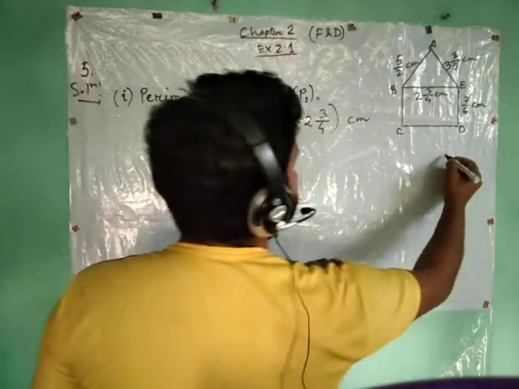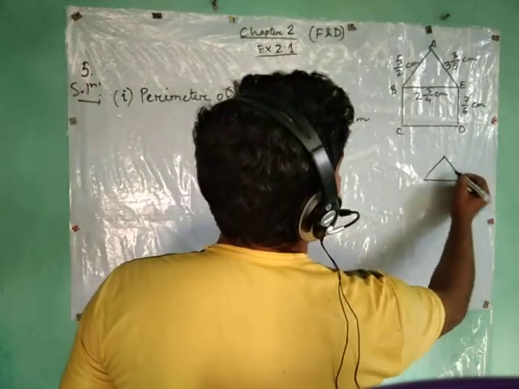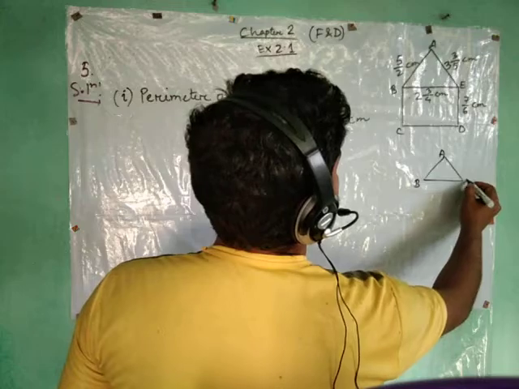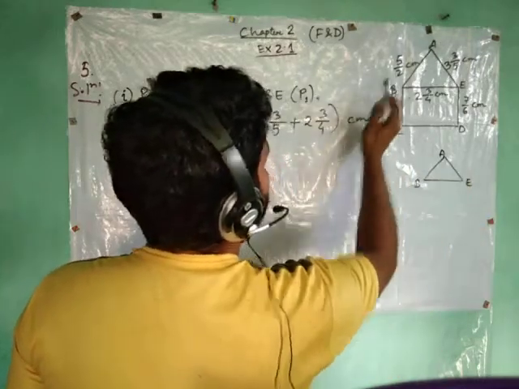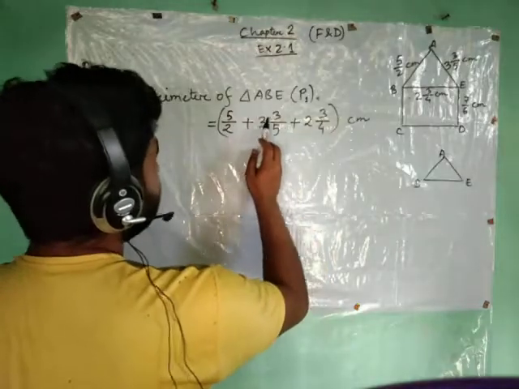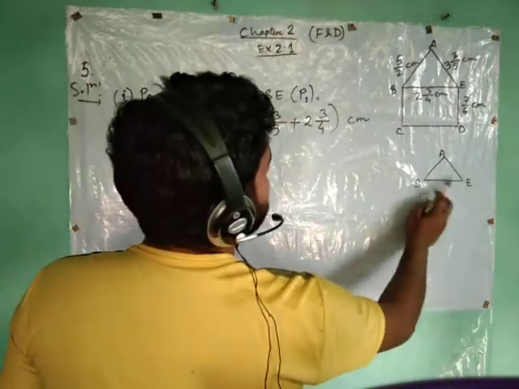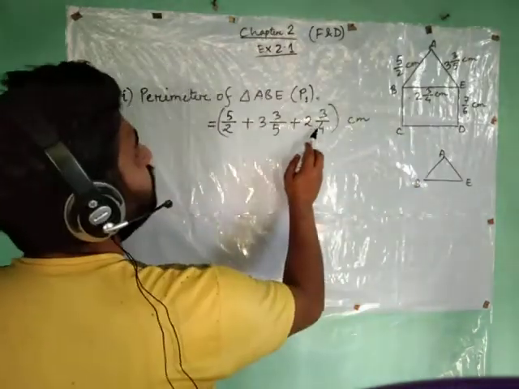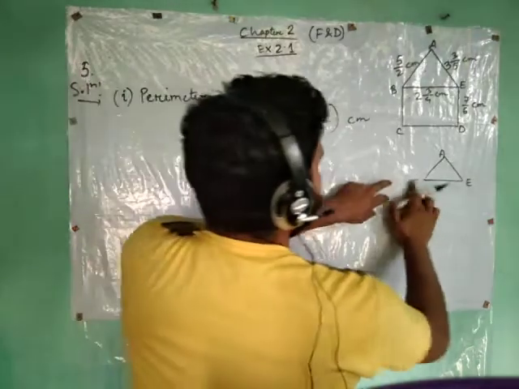There is a triangle, and I can say triangle ABE. This one was 5/2, so I have written here. This one was 3/5, I have written here. This one was 3/4, so I have written here. Okay, I hope you got it.